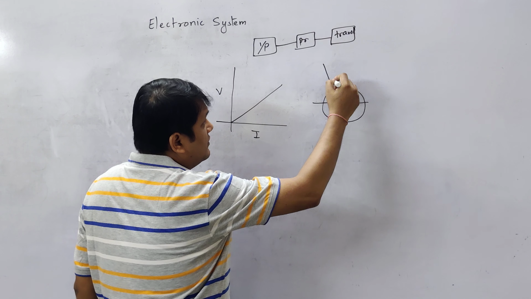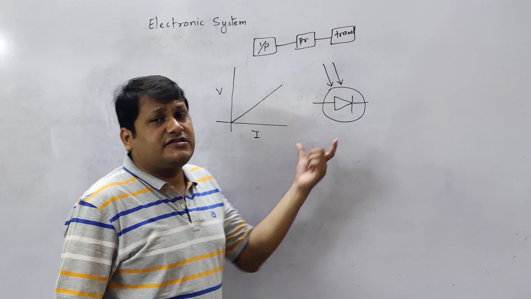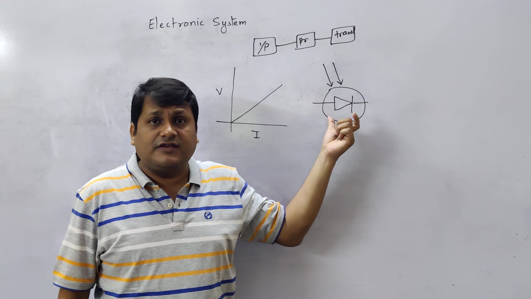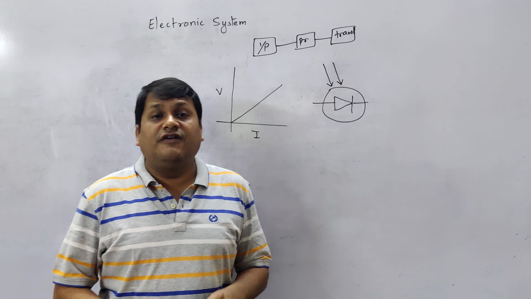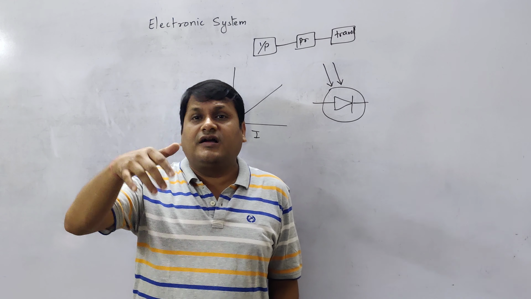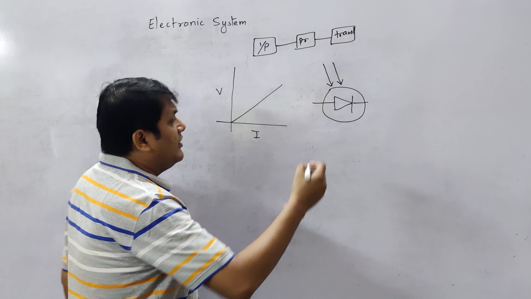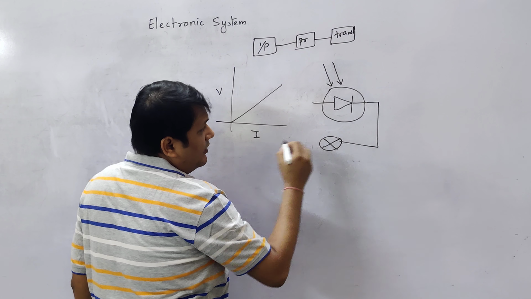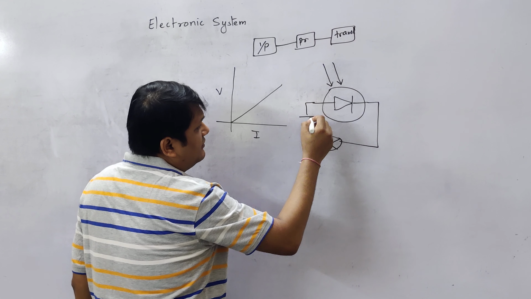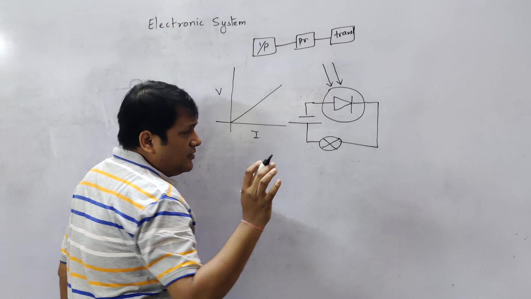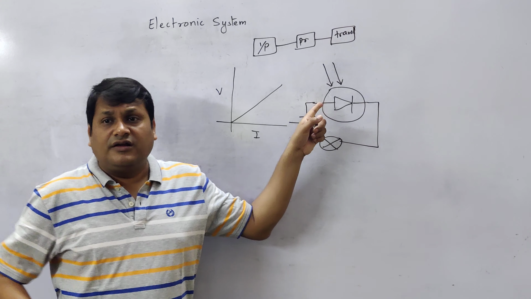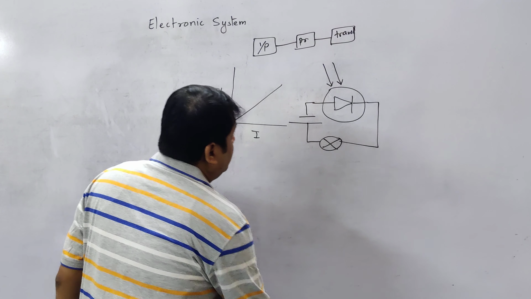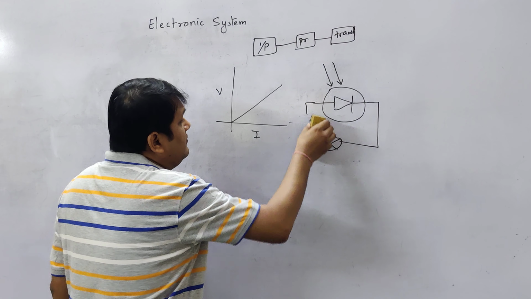As soon as you supply light energy, when light falls on this particular device, the resistance will decrease. If the resistance decreases in the device, the current increases. So for example, if I want this lamp to glow, and there is a circuit here, for example, negative is connected to this, it will not work because P has to be connected to a positive terminal.